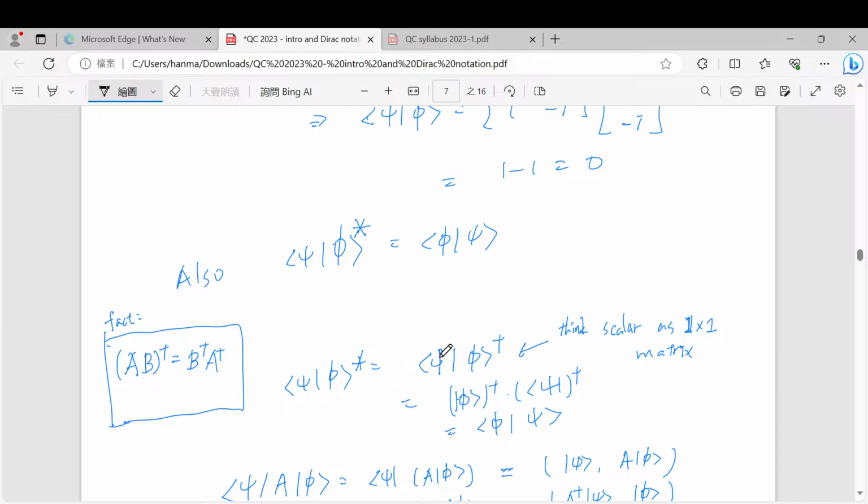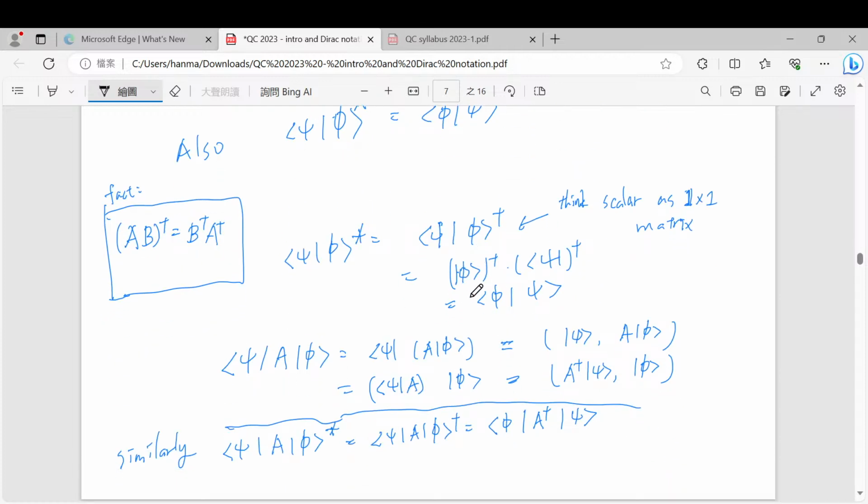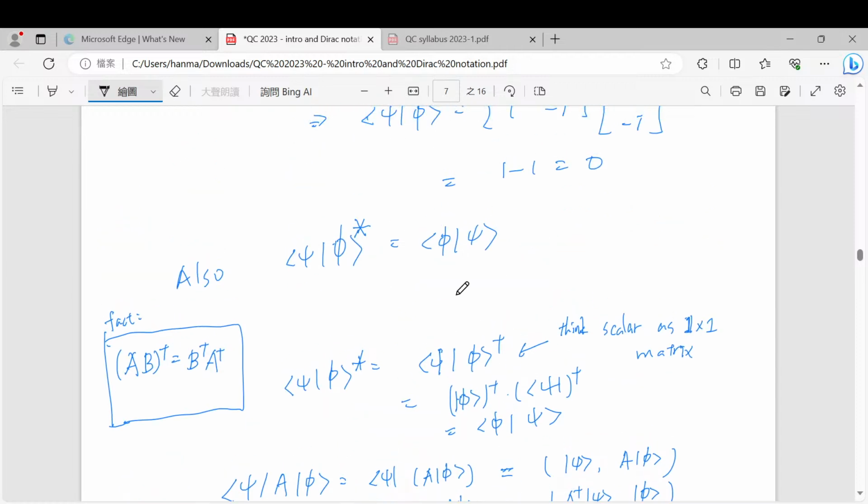Now you have psi phi dagger, then you can use the thing here because these are matrices. That will be phi ket dagger times psi bra dagger, and as we say, the dagger will flip between ket and bra, so that becomes psi bra and phi ket, and we get this thing. Okay?